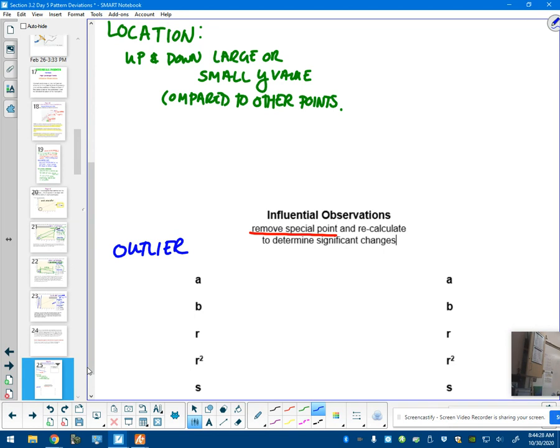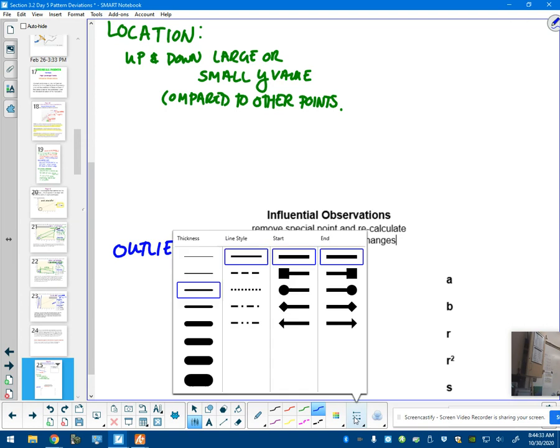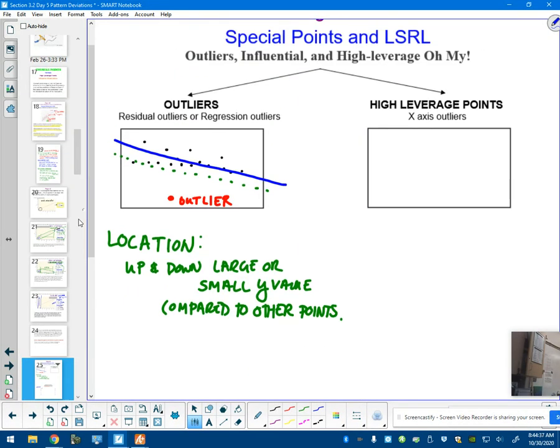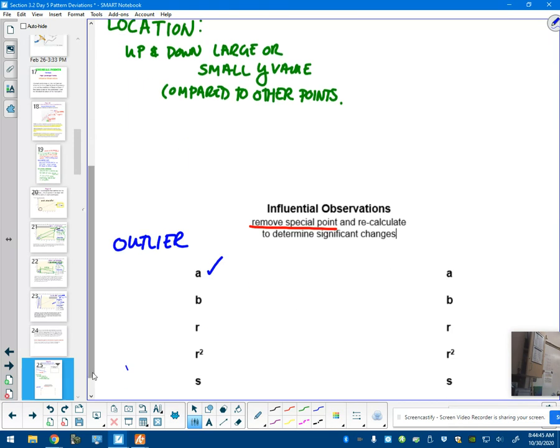Yes. Depending upon if it's an outlier below or above, that blue line would just slide up. So A is going to change. If it's a positive residual, A will increase. And if it's a negative residual, A will decrease.